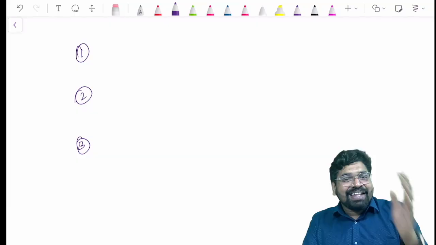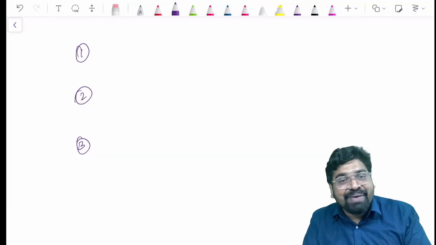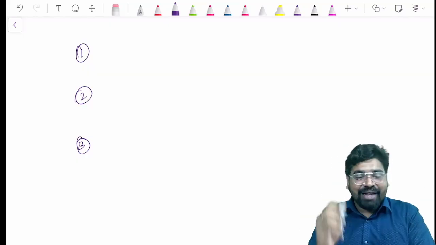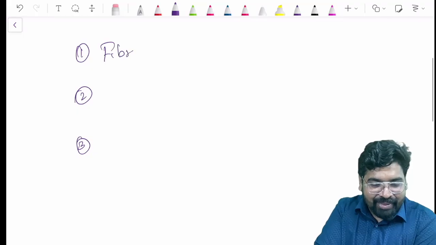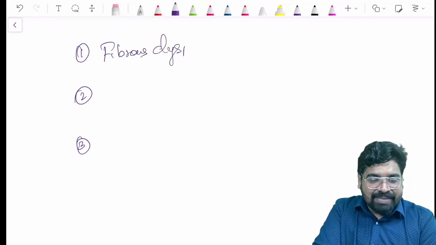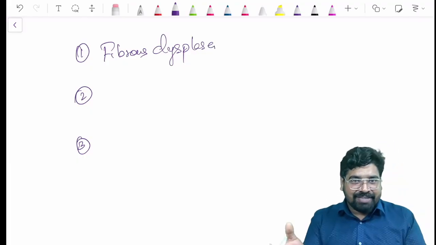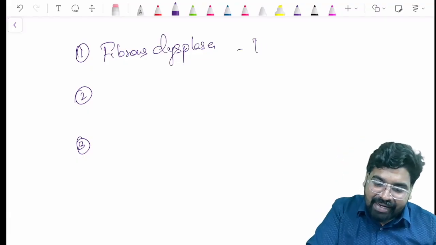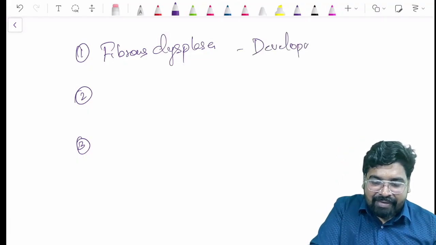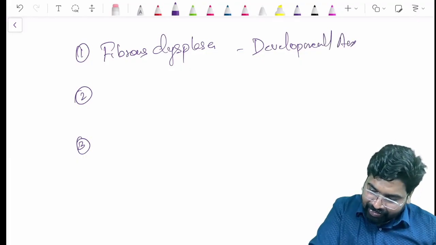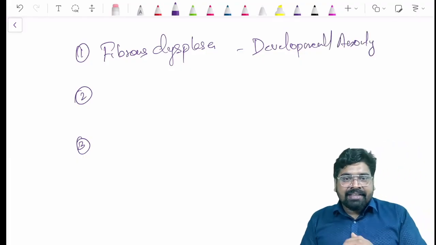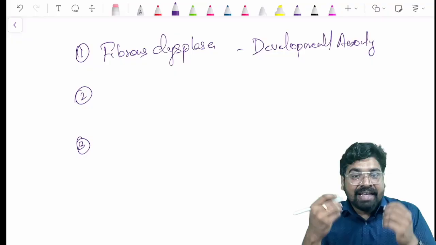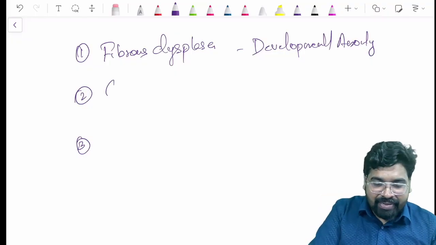From the developmental anomaly, the fibrous lesion is fibrous dysplasia. Fibrous dysplasia is a fibrous lesion that is a developmental anomaly. Then comes the next one, a reactive lesion, that is cemento-osseous dysplasia.